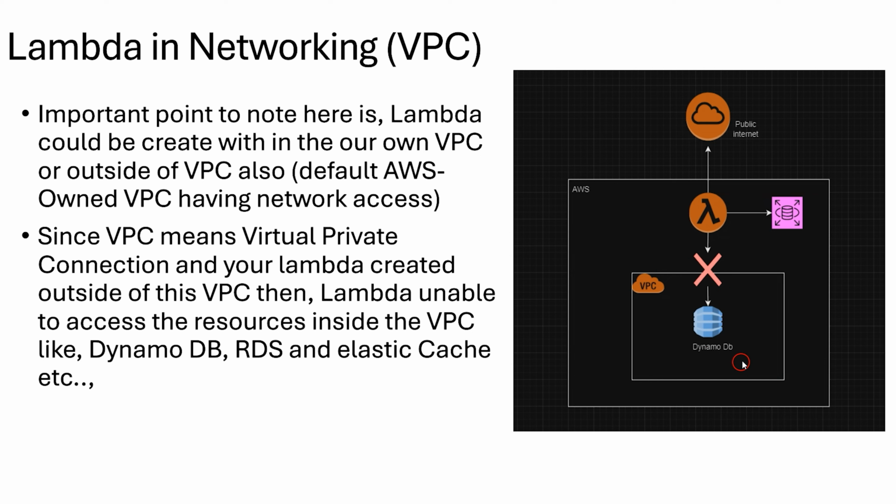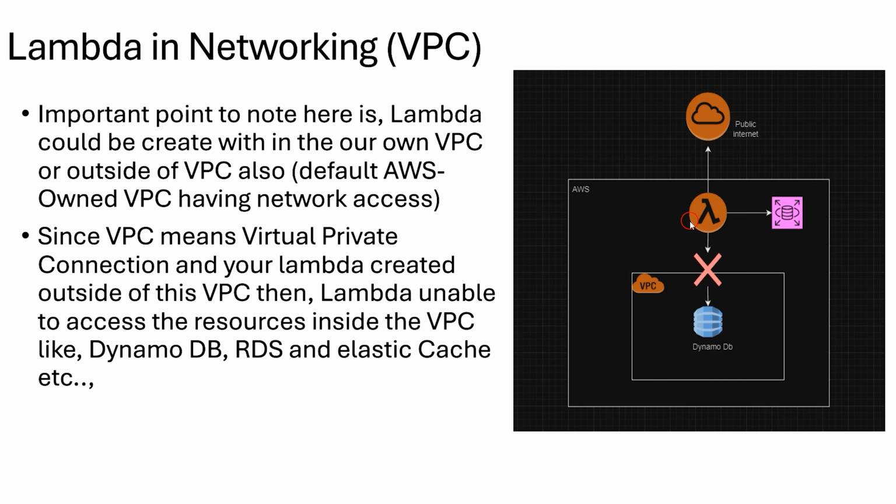Lambda fails to access this DynamoDB because it is inside another private connection. But other resources available in AWS, which are not within some other VPC, can be accessed by this Lambda.